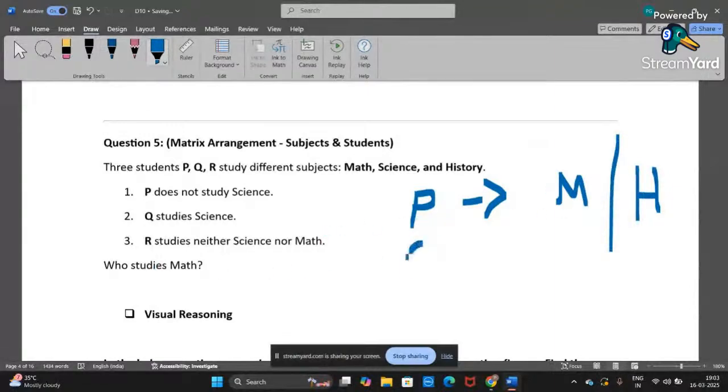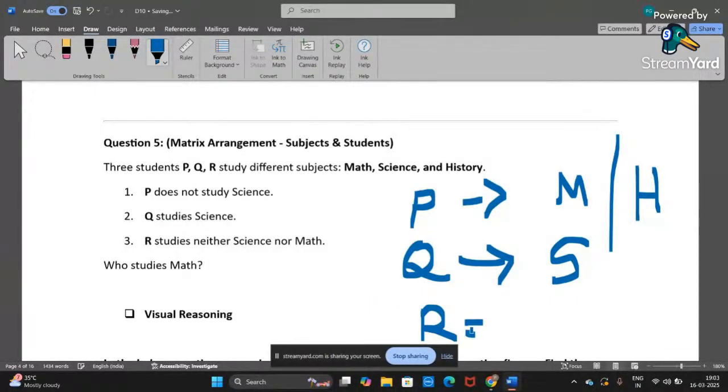Q studies the subject science. R studies neither science nor maths.